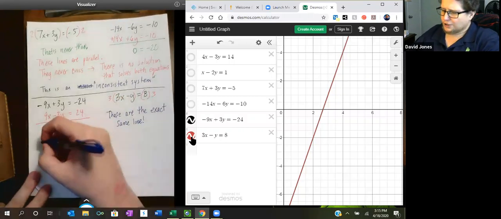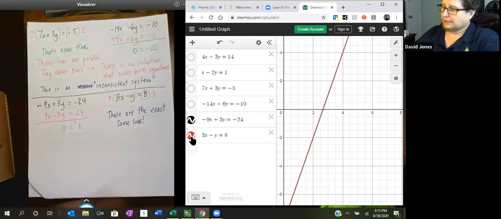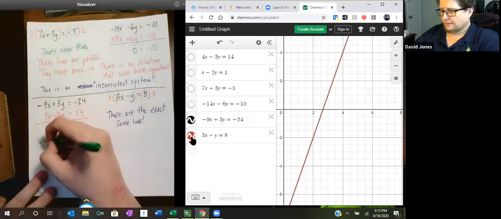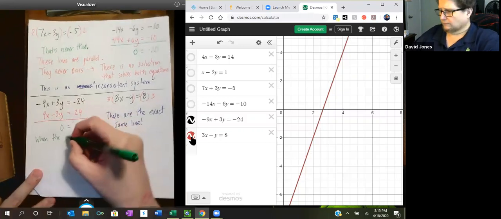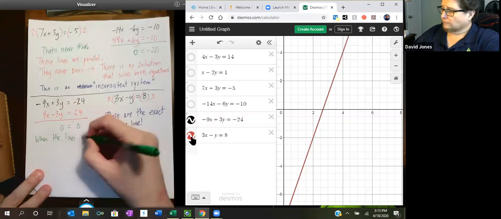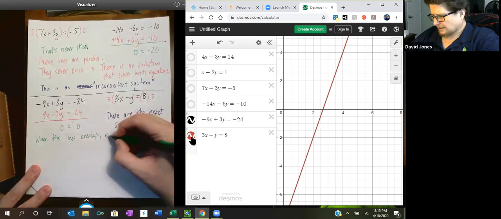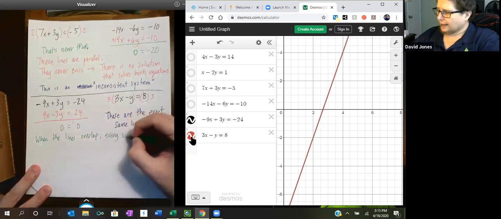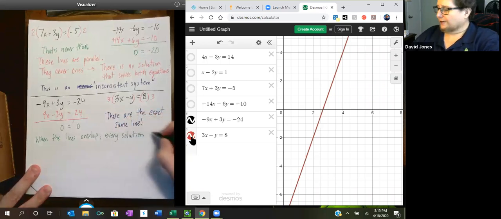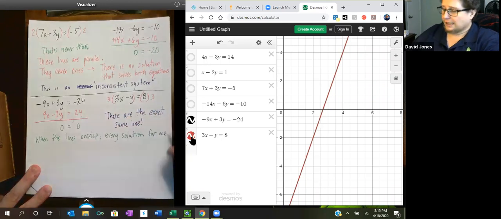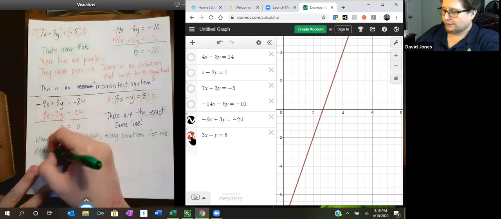So when lines overlap like this, every solution for one equation is a solution for the other equation.